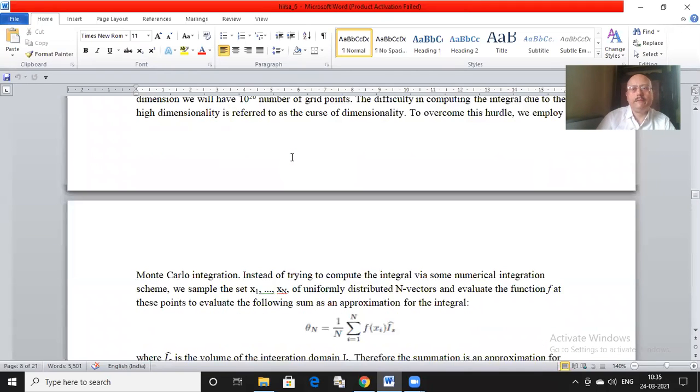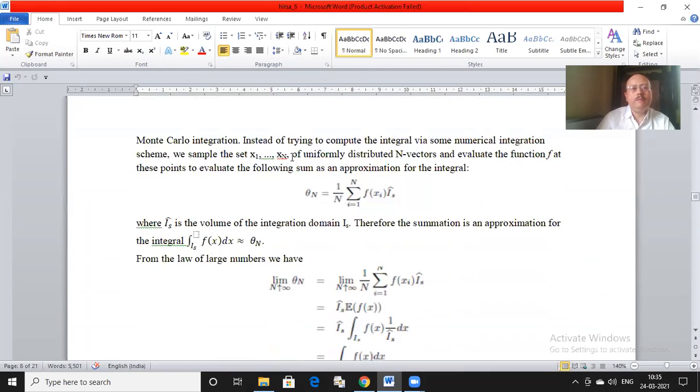To overcome this particular hurdle, what people employ is the Monte Carlo integration. So what is it really? Instead of trying to compute the integral via a numerical integration scheme, systematically, 10 points in power 20, etc., we just sample a set x1, x2, ..., xN, where capital N I will choose, of uniformly distributed vectors over this whole cube.